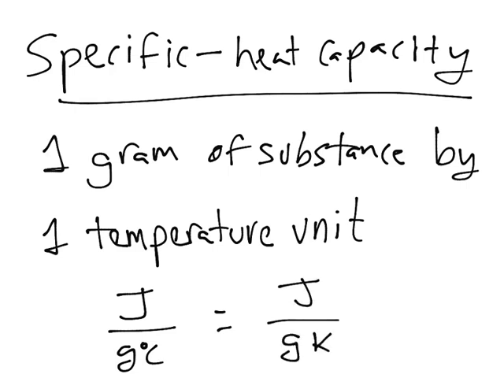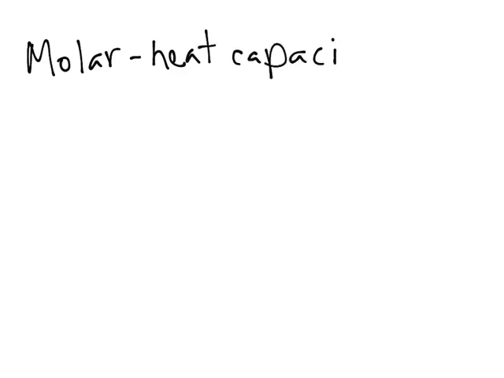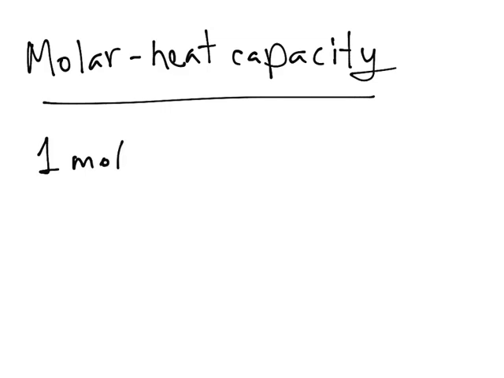Now, the other type of heat capacity is the molar heat capacity. And it's basically the same as the specific heat capacity, except instead of 1 gram by 1 temperature unit, it's 1 mole, as its name says. 1 mole by 1 temperature unit.